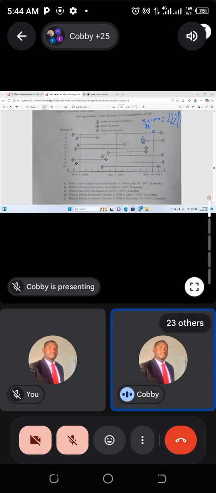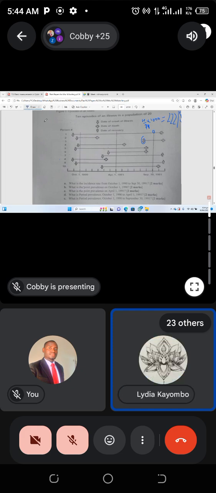And what was the total population at this time? The total population here was 20. So it will be 6 over 20. You can find the percent here. Prevalence can be in percentage.